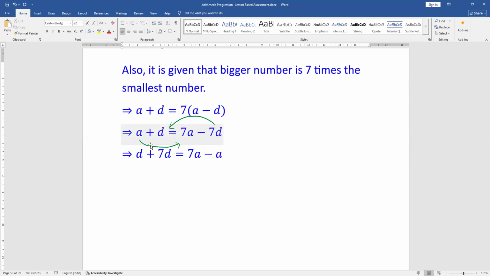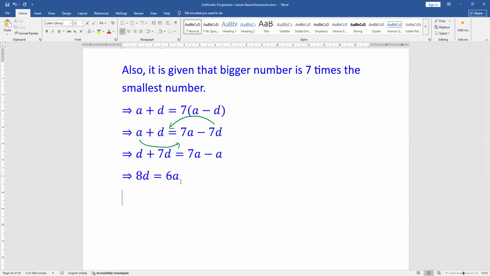So on my left hand side we get 8d, and on my right hand side I get 7a minus a, which is 6a.